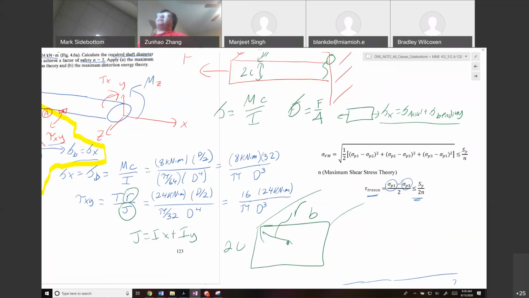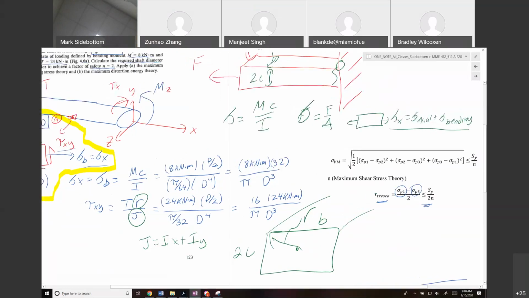Okay. All right. So the last part of the problem asks you to apply the maximum distortional energy theory, which is the von Mises theory. So in this case, it's this equation here.